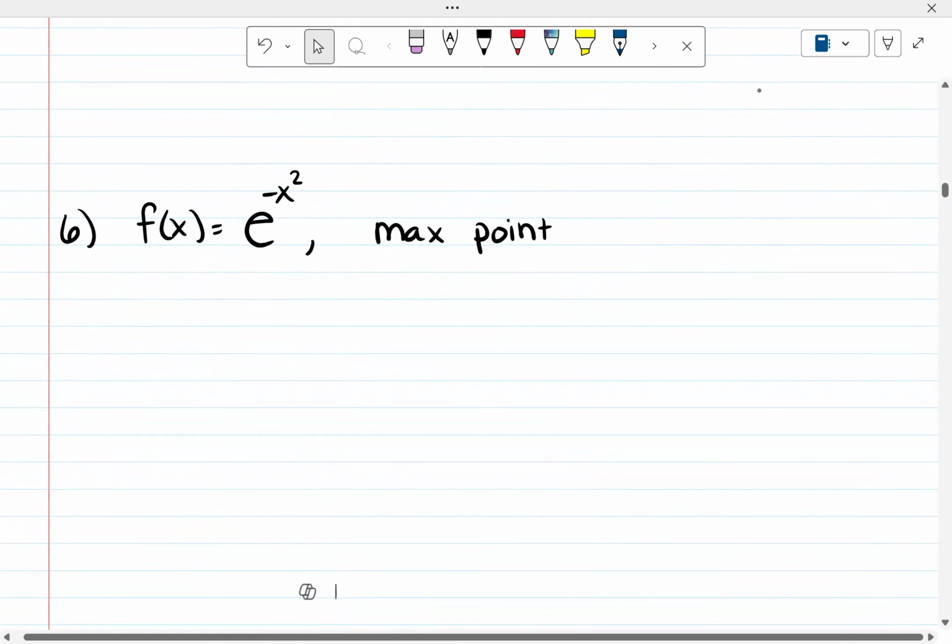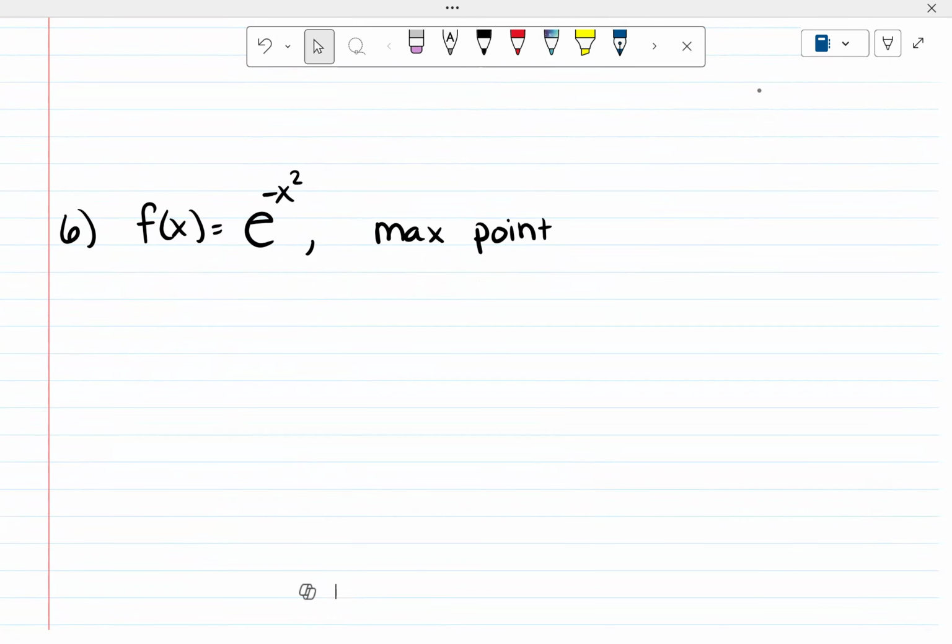We've got to find the max point. So I think all they're asking is it's the same thing as a relative max. So step one, we're going to have to find the critical value. So find f prime of x.